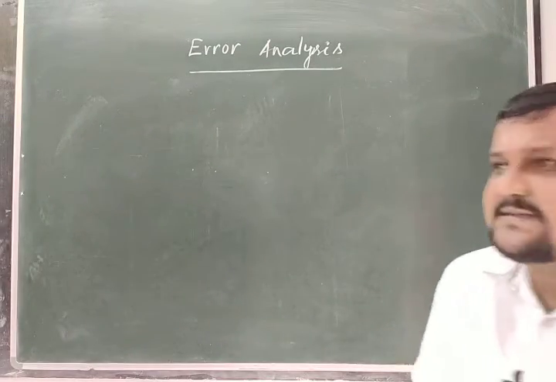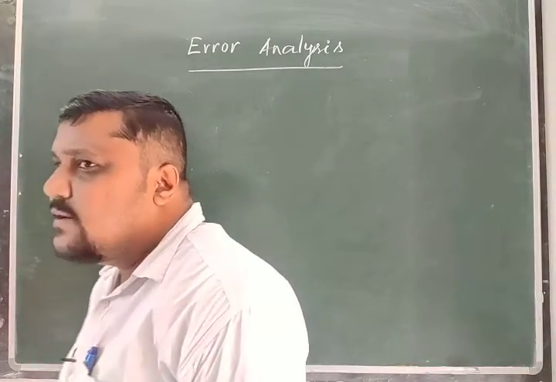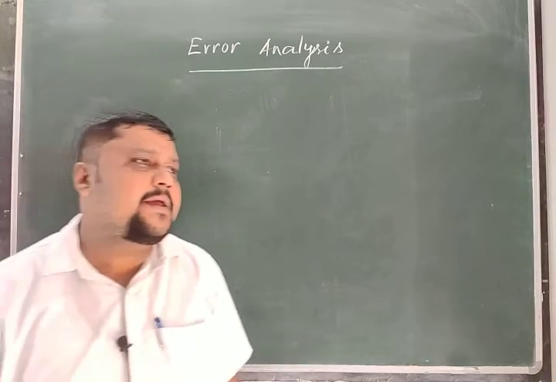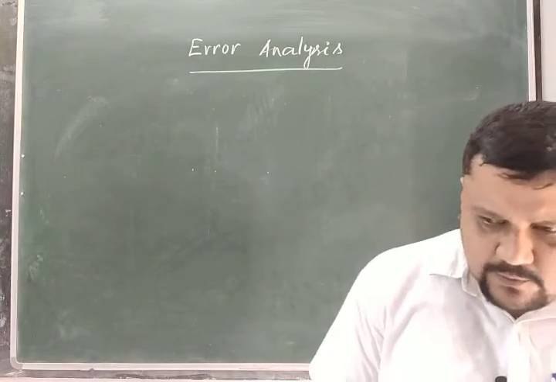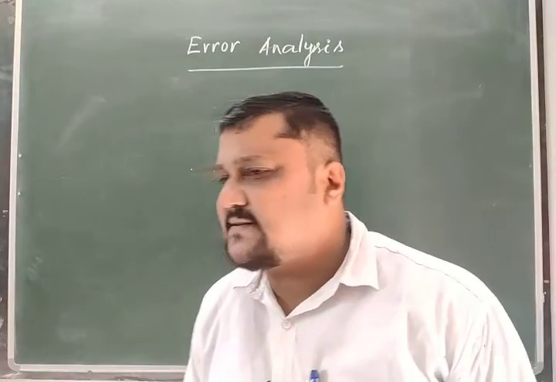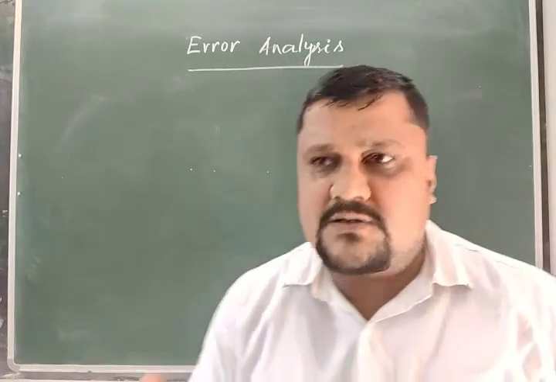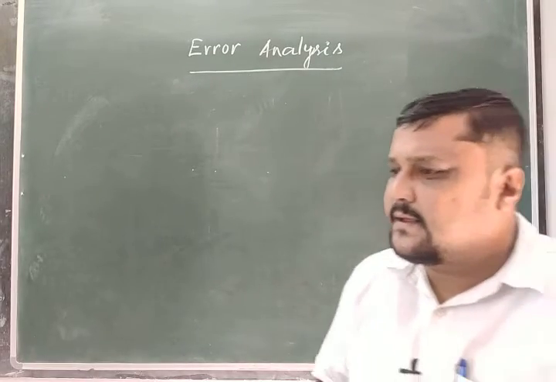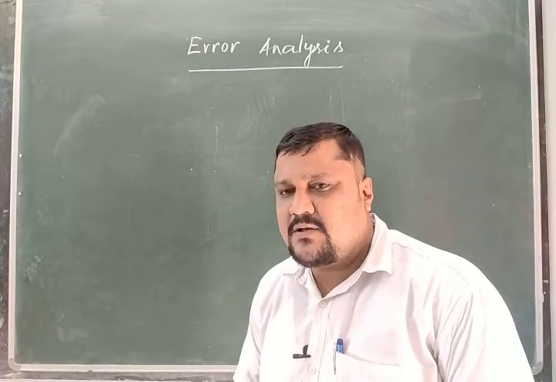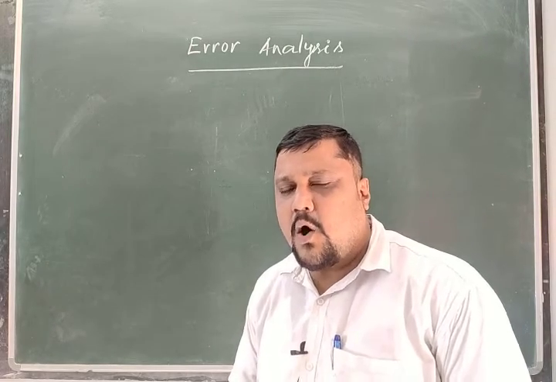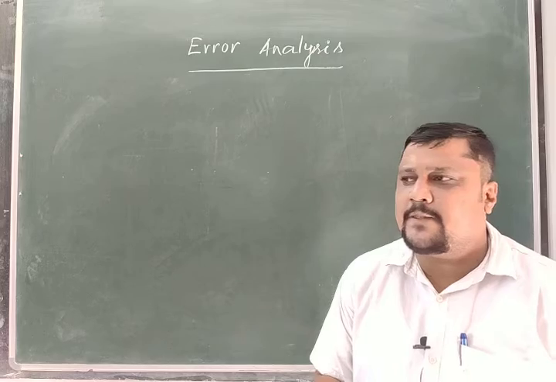So the name itself implies that we will analyze the error in what? The error in a measurement. When we measure something and express it, as physics students we consider that the value of a physical quantity as measured is not always the correct value, or you can call it the true value.